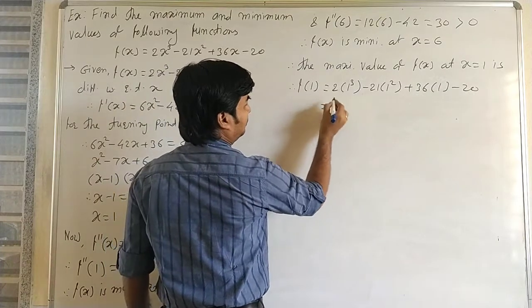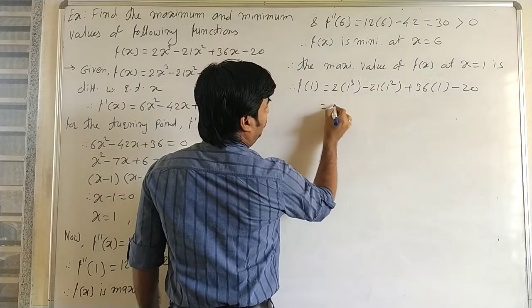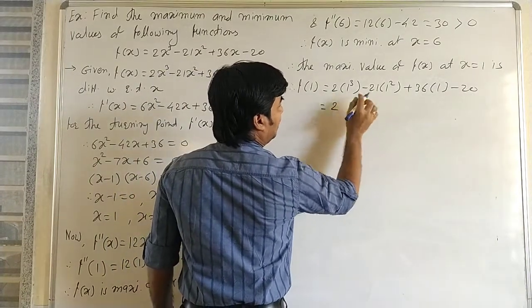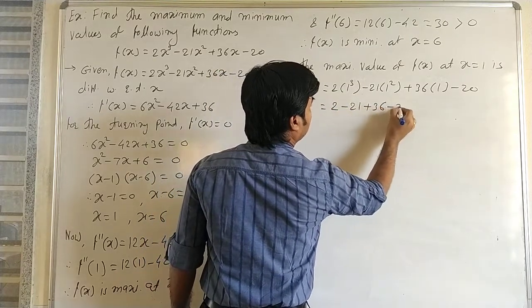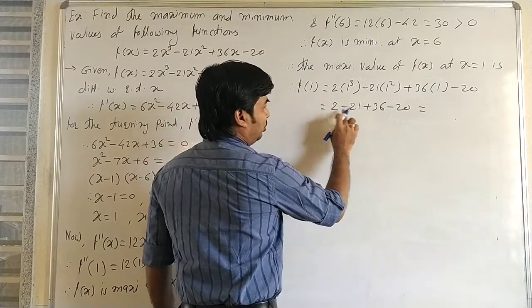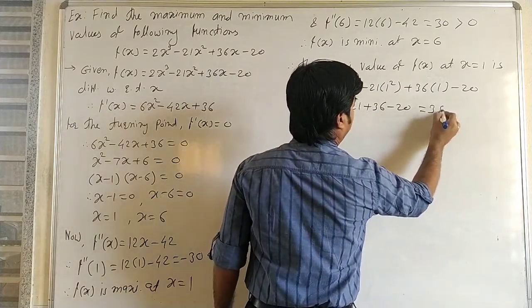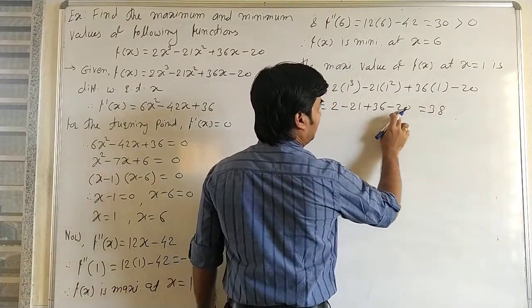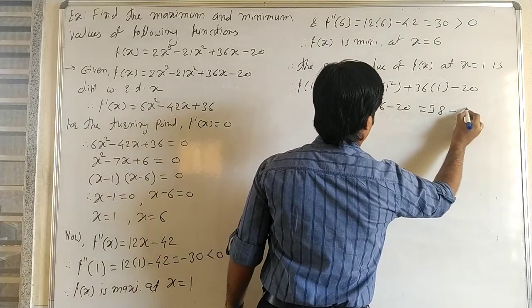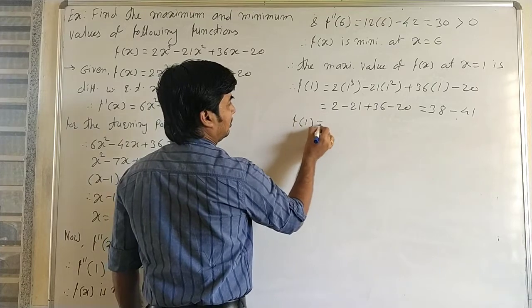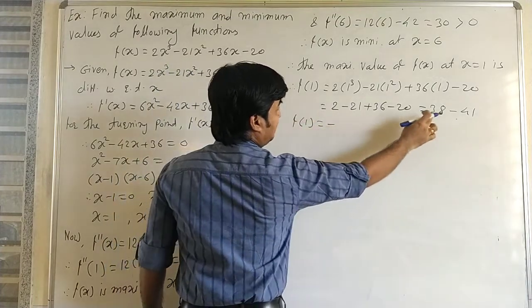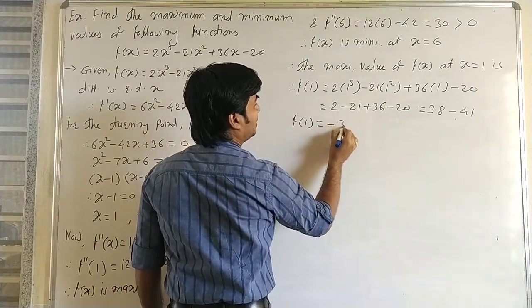Okay, now calculate. It is 2 minus 21 plus 36 minus 20. Then 2 plus 36 is 38, minus 21 minus 20, it is minus 41. Therefore f of 1 is minus 3. It is a maximum value.